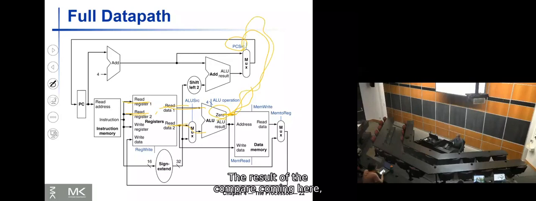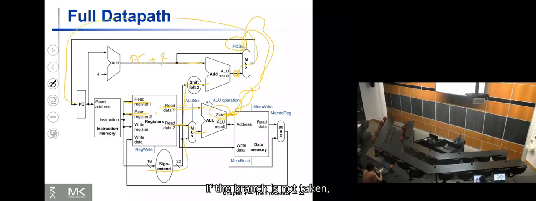The result of the compare coming here selects either PC plus 4, this is PC plus 4, or PC plus 4 plus the value which is multiplied by 4. This is the target address of the branch. If the branch is taken, this target address will go to PC. If the branch is not taken, this address goes to the PC. And this is the branch.